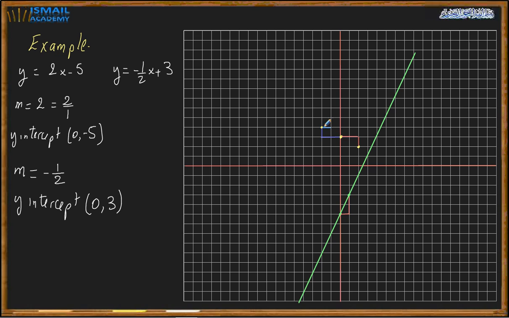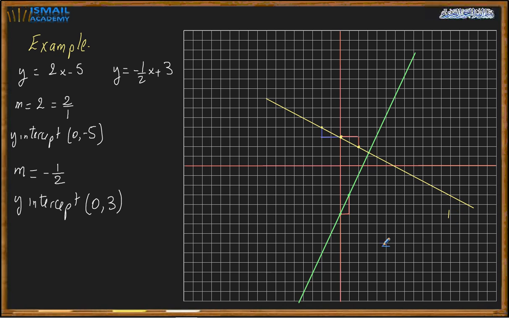So now let's draw the line. Now this is my equation of the second line, which is y equals minus half x plus 3.